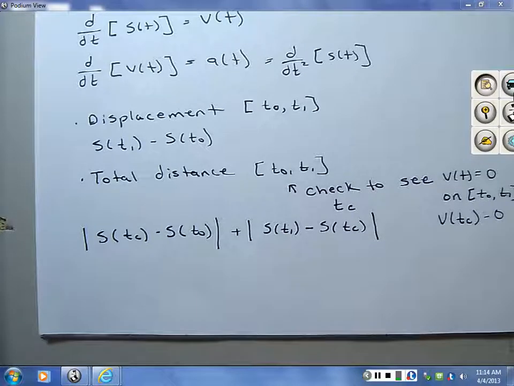If this is my origin, position equals 0, I'm going at a positive velocity. I have a positive slope. When I turn around, I have a negative slope. So for the total distance traveled, I'm going to say, what was the distance traveled before I hit 0? What was the distance traveled after the velocity was 0? And I'm going to add those two together. And I take the absolute value of each, because distance can never be negative.